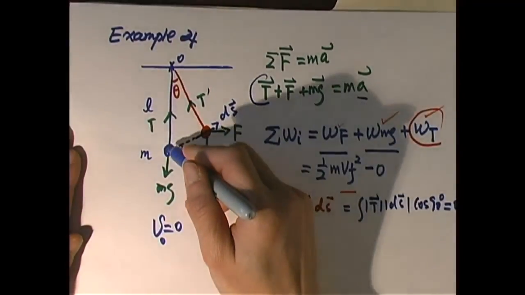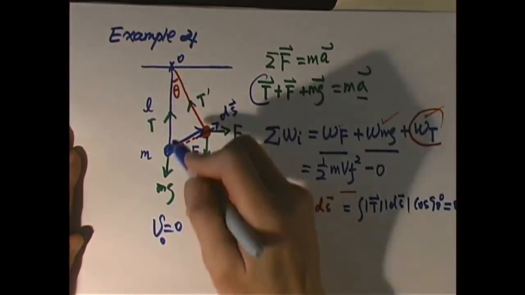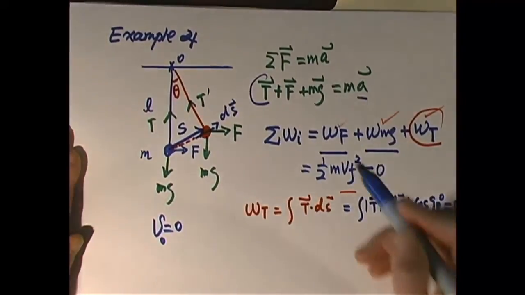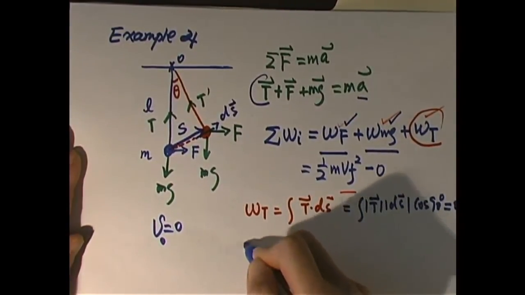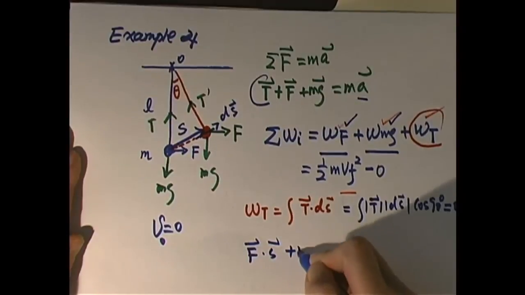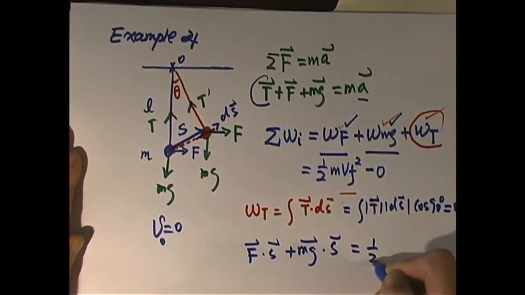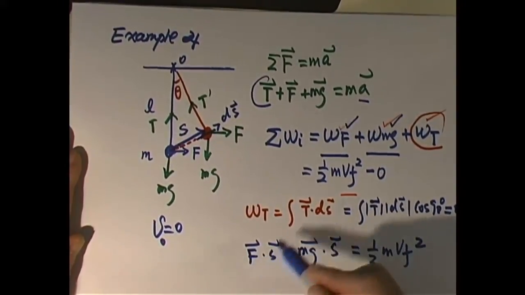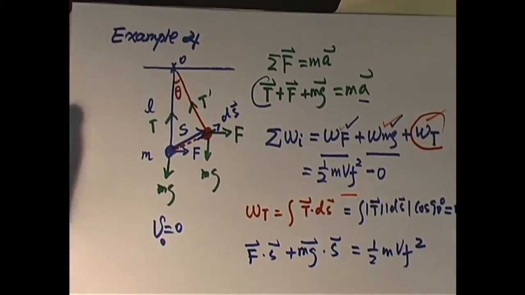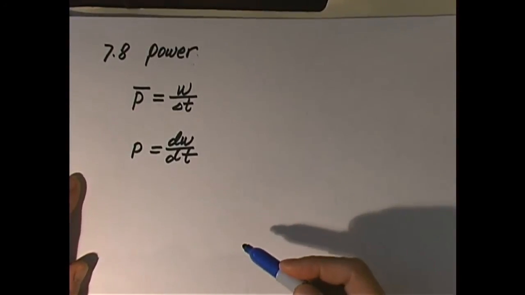Because from initial to final, we can find the total displacement S, and since both force F and mg are constant, we just say F dot displacement plus mg dot displacement equals 1/2 m v final squared. As long as we find the work done by the capital F and by gravity, we're set.